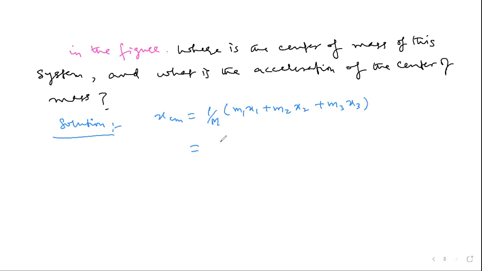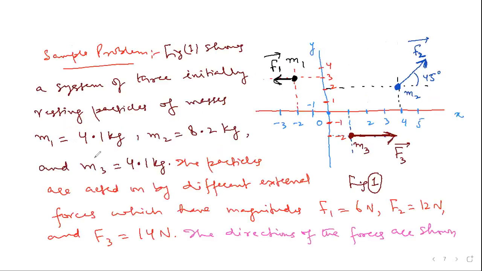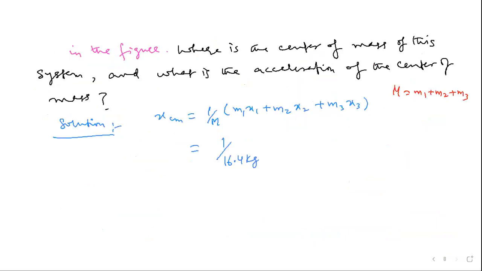Capital M is 16.4 kg. What is capital M? It's m1 plus m2 plus m3. m1 is 4.1, plus 8.2 is 12.3, plus 4.1 is 16.4. So total mass of the system is 16.4 kg.